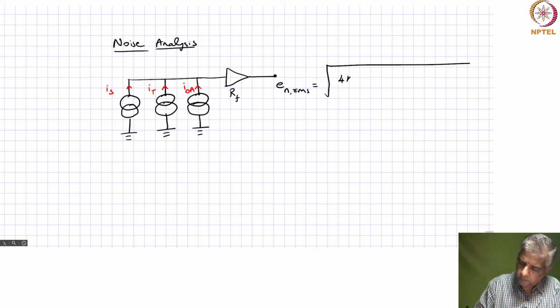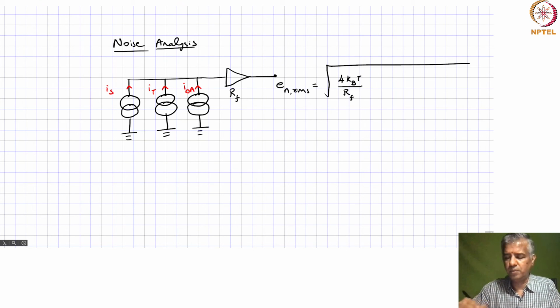Like we talked about before, if you consider thermal noise, it's 4 k_B T over R_F, because R_F is the resistor that we are considering in the feedback circuit, multiplied by delta f, multiplied by R_F square, because this corresponds to the variance.